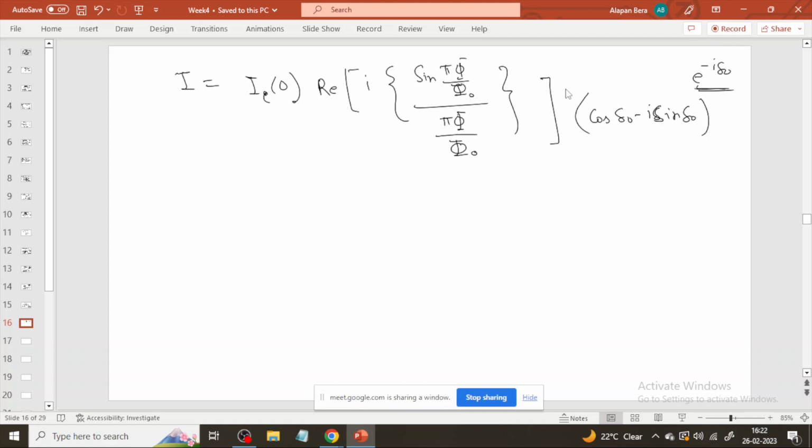Now we have to take the real part of this total term. If we take the real part of this total term, we will get this.